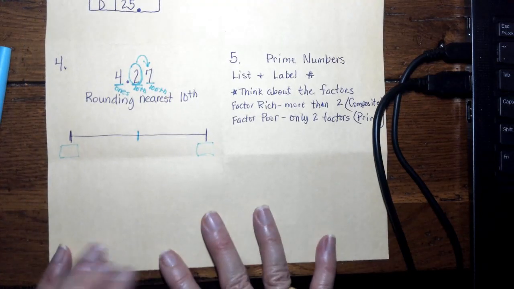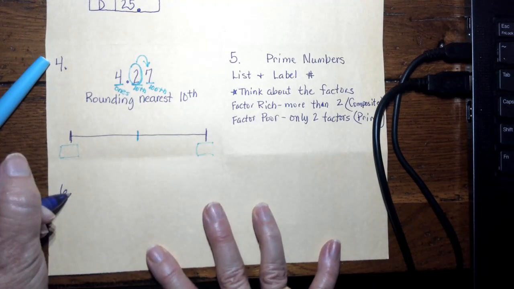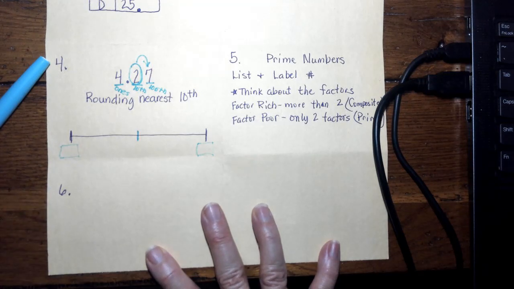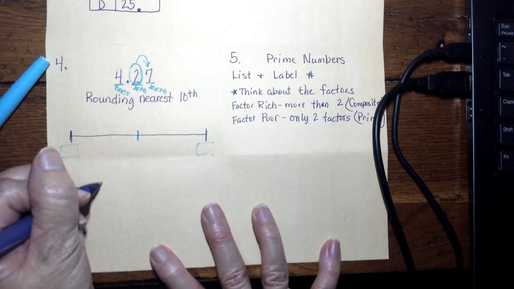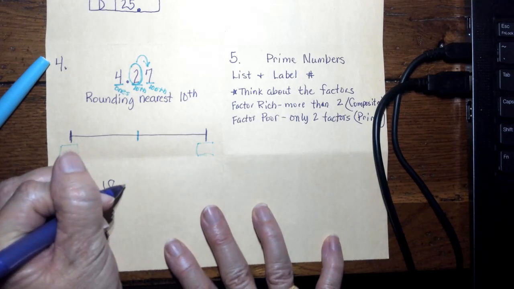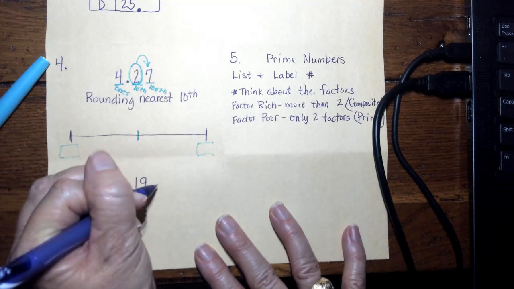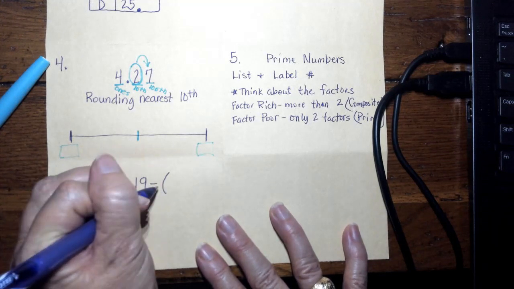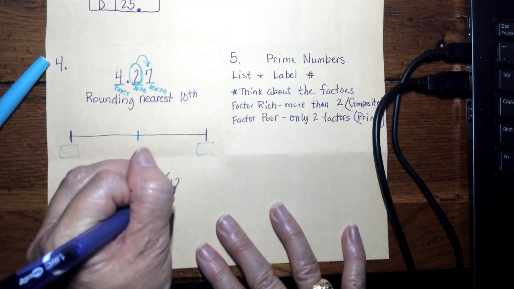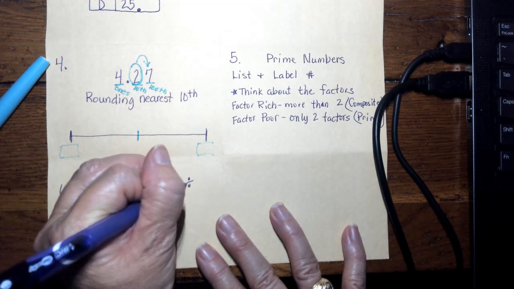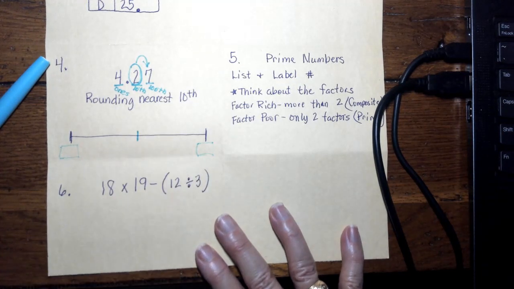Moving on to number 6. It's another expression problem, and so we're going to write this together. We have 18 times 19 minus parentheses 12 divided by 3. Okay?